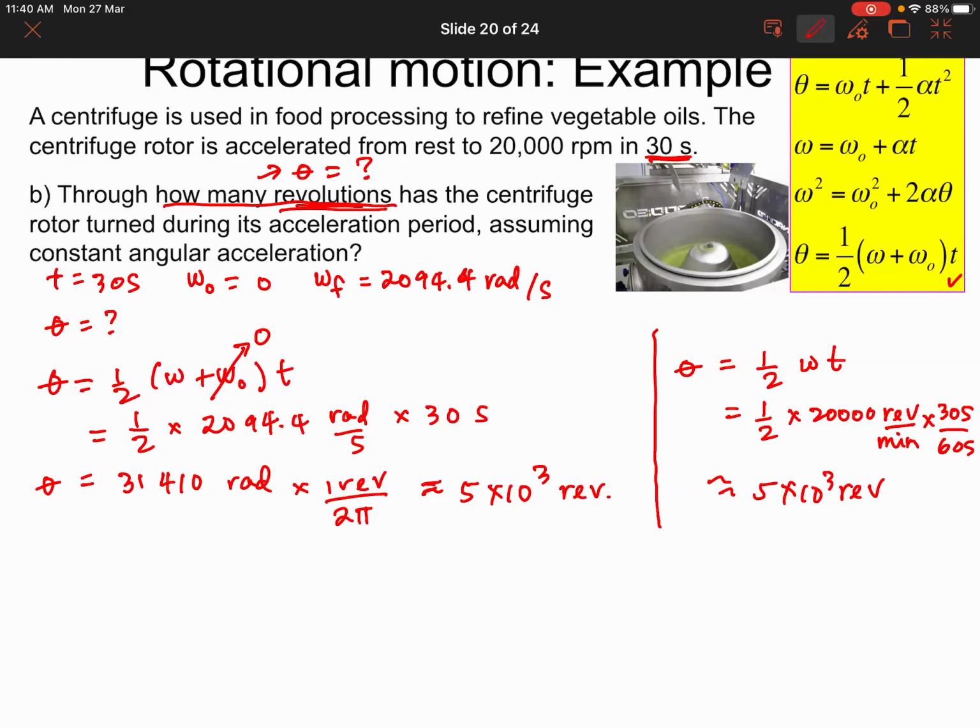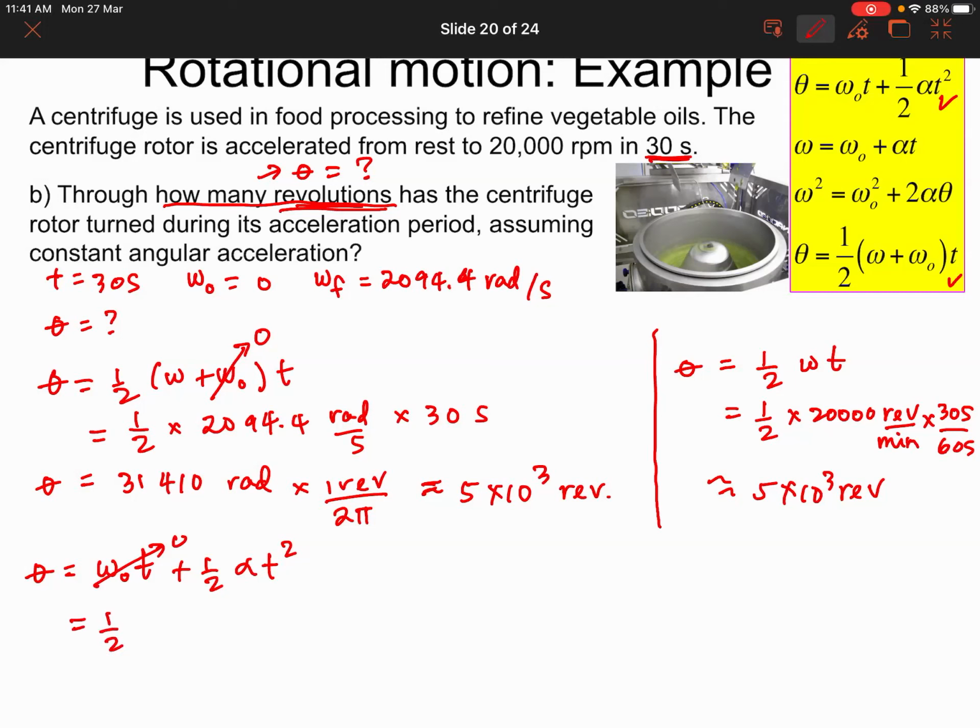Okay. Did anyone try to use the alpha that was calculated from before to find theta? It should add up to the same. So say, for example, which equation here? Maybe let's use the first equation. If you use the first equation to find theta, omega naught t plus 1/2 alpha t squared, omega naught is 0, so this whole thing is equal to 0.